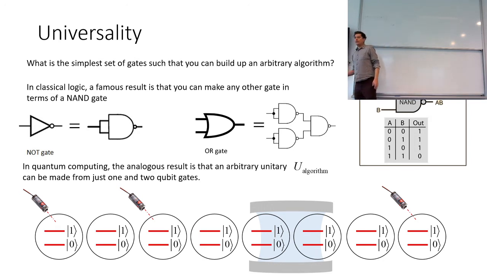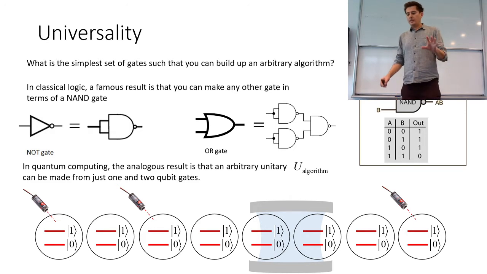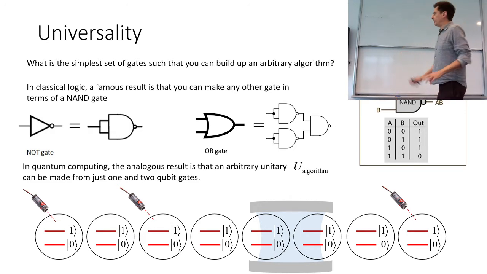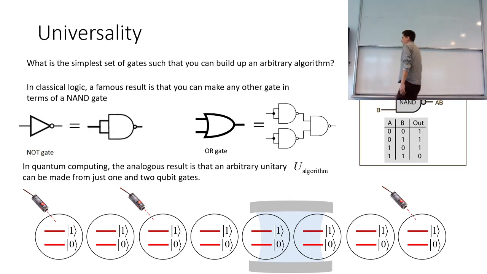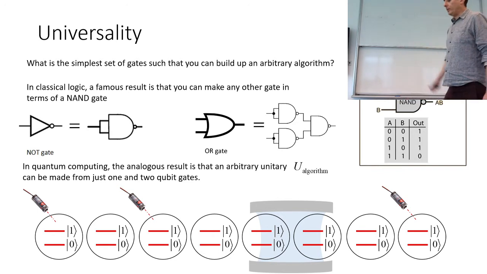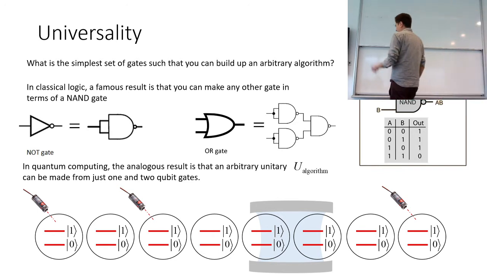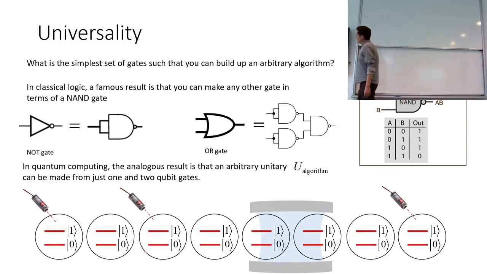What I'm going to do is contrast classical gates with quantum gates, and I think that's maybe the easiest way to understand why we deal with the kind of quantum gates that are commonly dealt with.